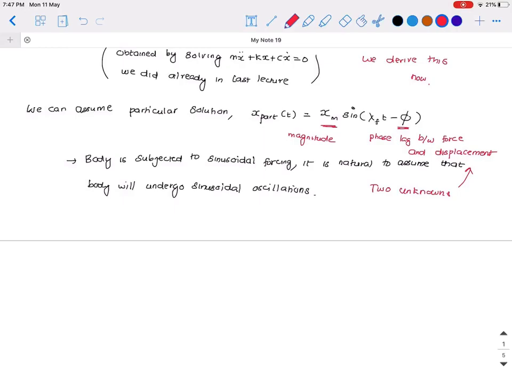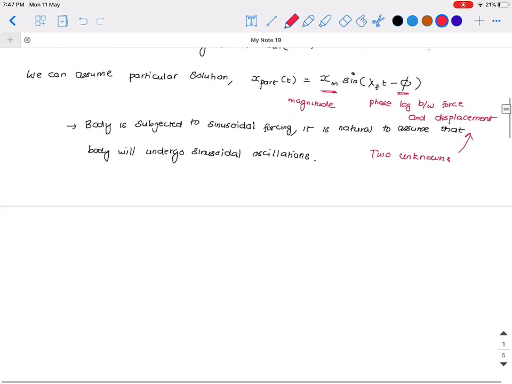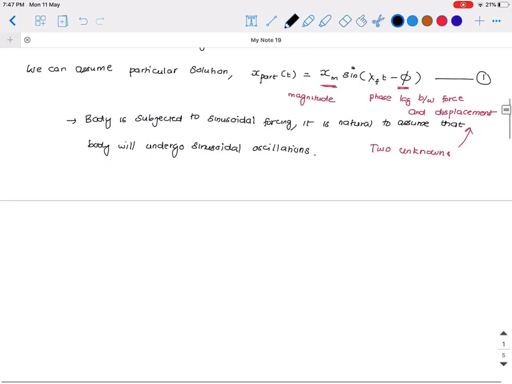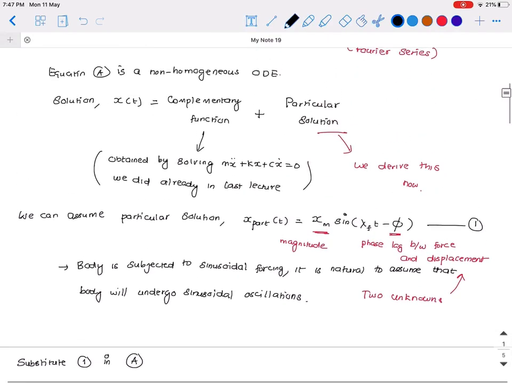Okay, how do we find these two unknowns? Any idea? Right, so we substitute equation 1 in the governing equation A, which is given here.